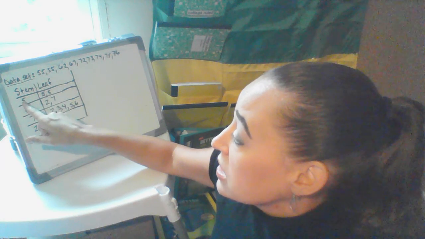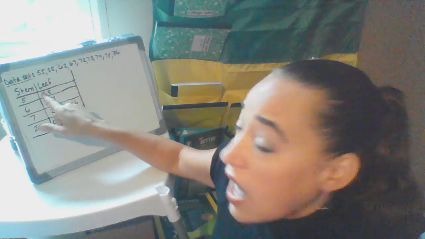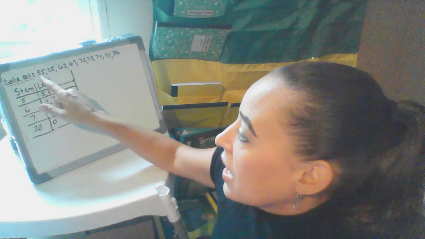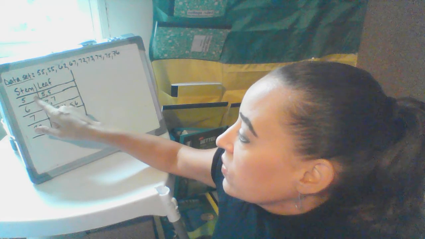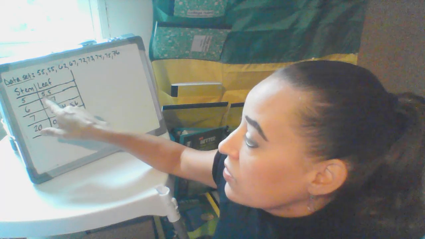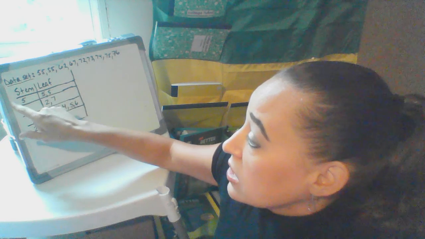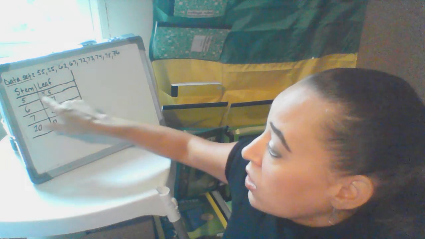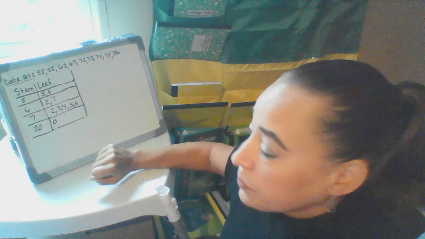I have my 50. My 10 is over here, and then my 1 is over here. So this is 55. I have two 55s, so I did 55 comma 55, so I know there's two of them. This row is just for my 50s.